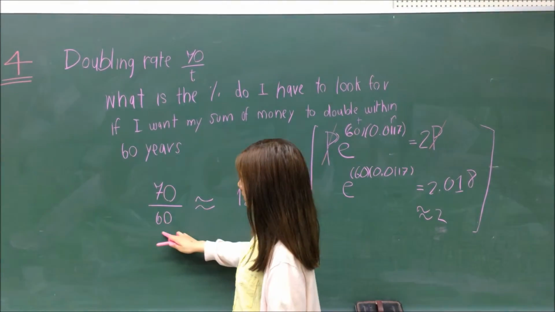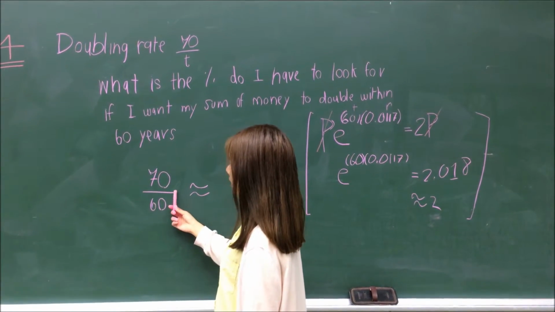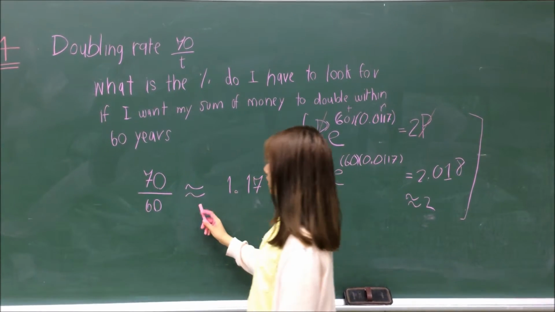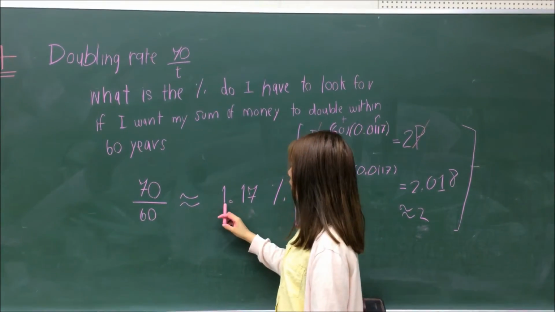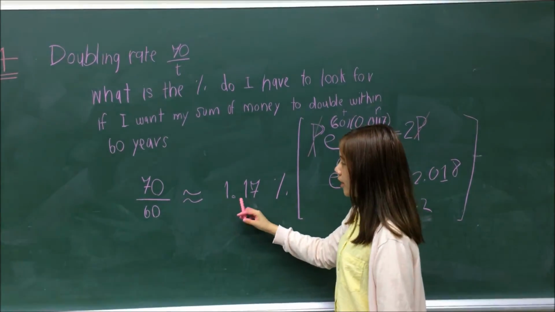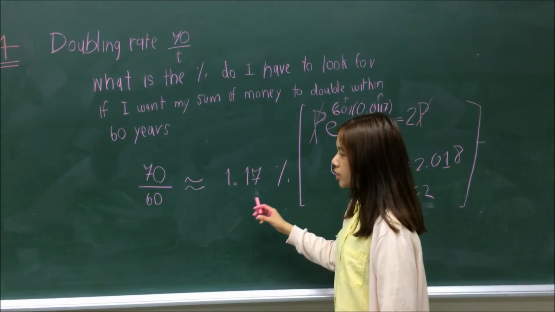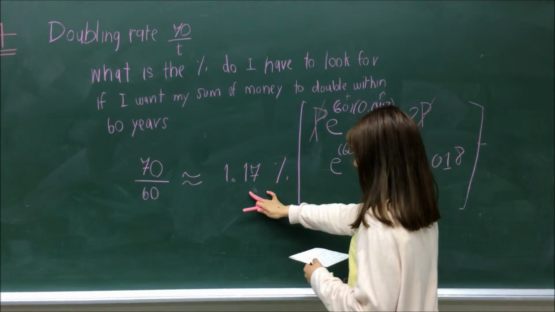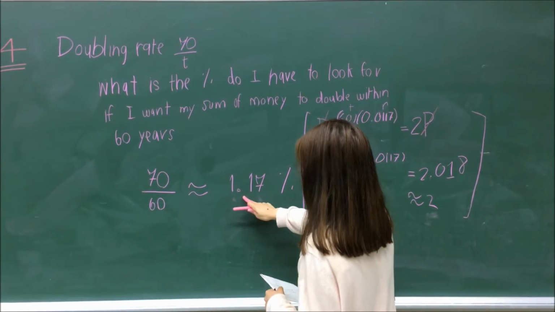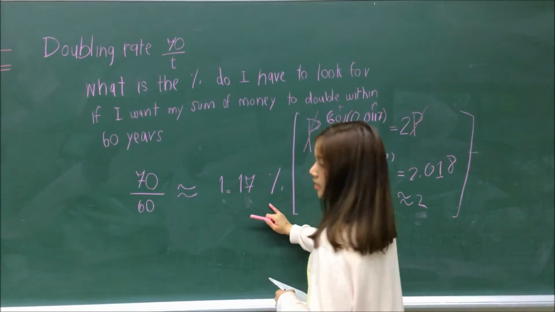So let's apply the formula: 70 divided by 60. After calculating, it will be approximately 1.17%, which means it will need a 1.17% interest rate for the sum to double after 60 years.